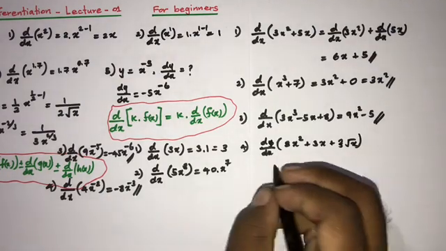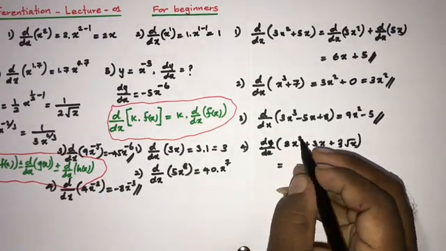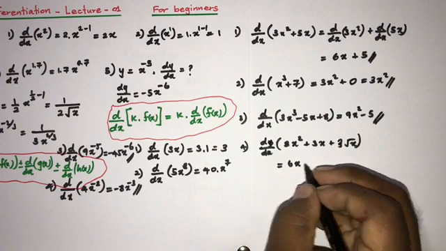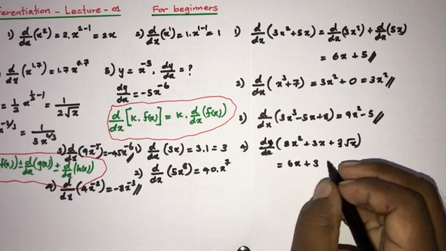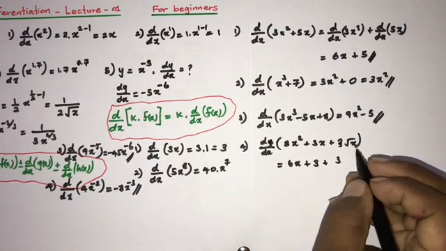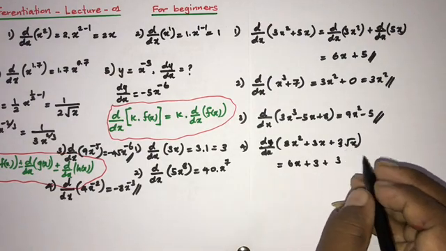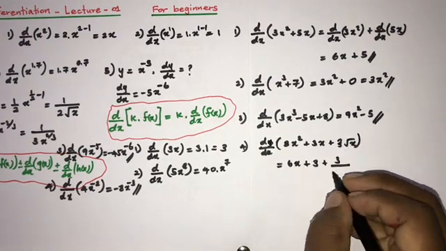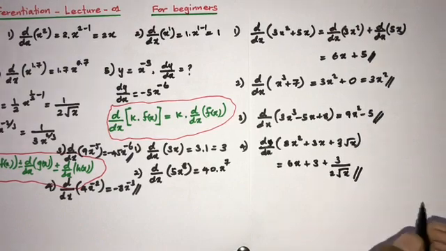This is equal to 16 times x plus 3 times the derivative of x, which is 1, so 3. Now the derivative of the square root of x is 1 over 2 times the square root of x. Okay, this is the answer.